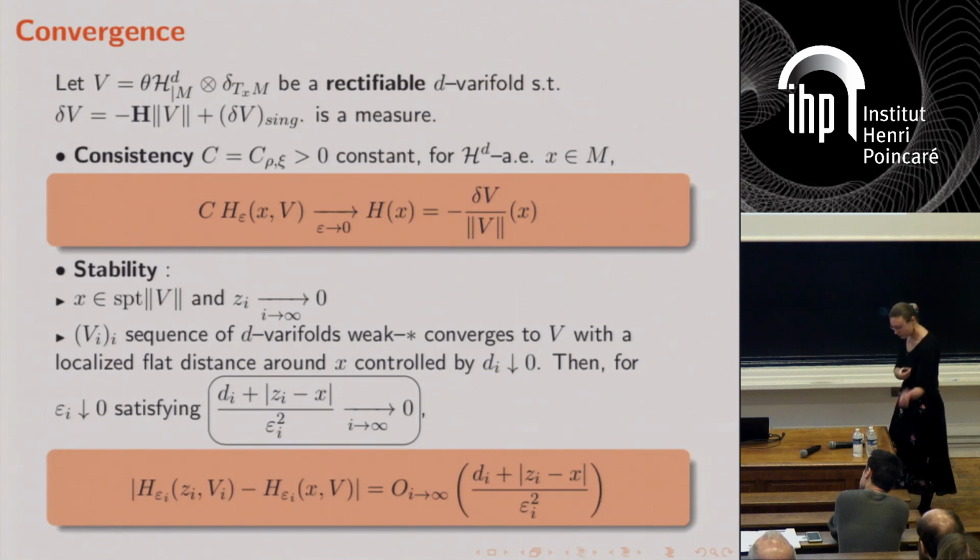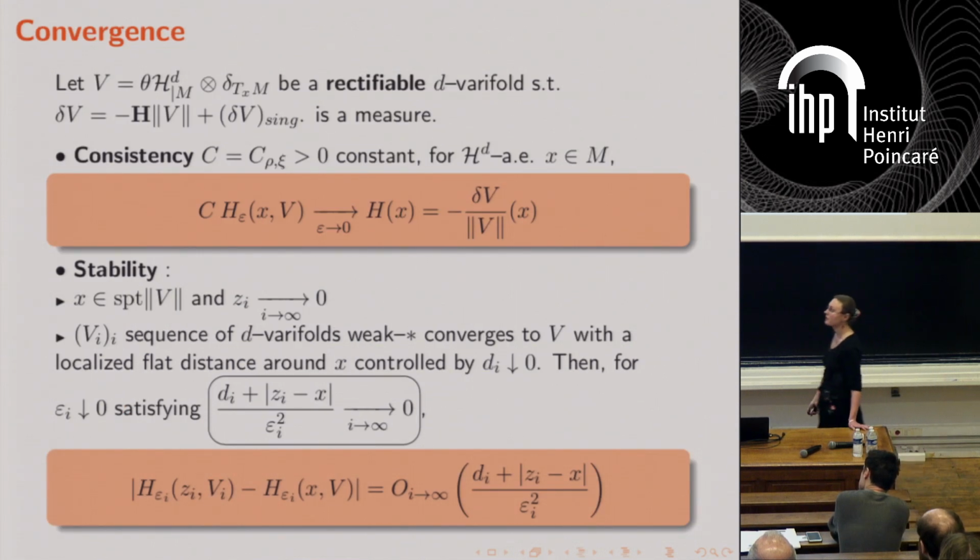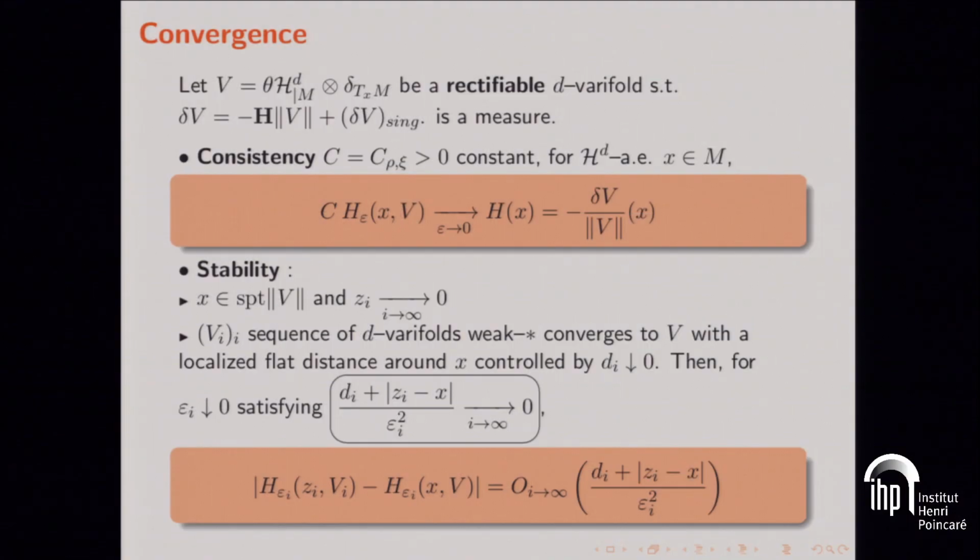Now, what about the convergence of this approximate curvature? Well, first, consistency. If I take a smooth object and I compute h epsilon, my approximate curvature, and I compare it to the true one, this is the nice case, and this works quite generally, even if you have an object that is only rectifiable.